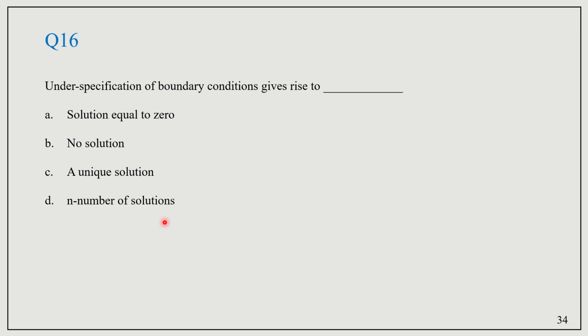So the possibility of having many solutions arises in that case. If we give one less boundary condition, that value we can take as anything. If it is not specified, that value can be any value. So the solution also will vary, and we will get n number of solutions. Option D is the right answer.